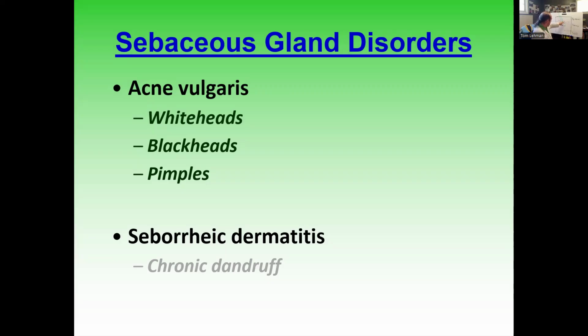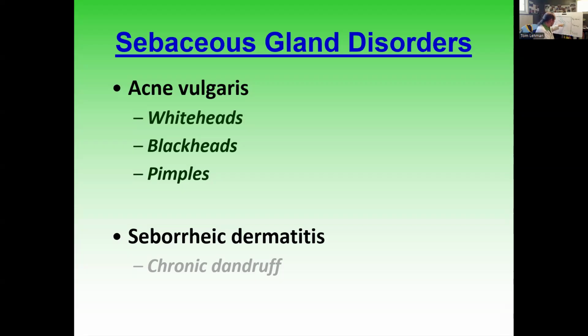Now, depending on where the sebaceous gland is, if it's deep in the dermis, that large pocket of oil will stay clear or white. We call this a whitehead. If the oily blockage is closer up into the epidermis, oxidation from the air will cause the oil to turn darker, and it's called a blackhead.